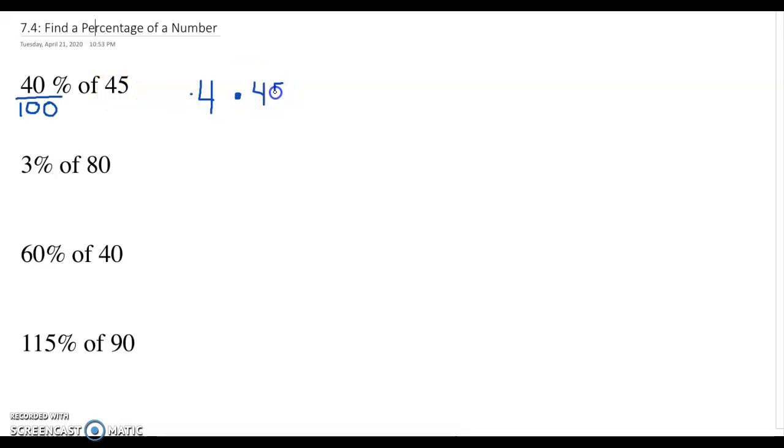I know this looks pretty bad right here. Hold on, let me fix it. You're going to go 0.4 times 45, and your answer is going to be 18.